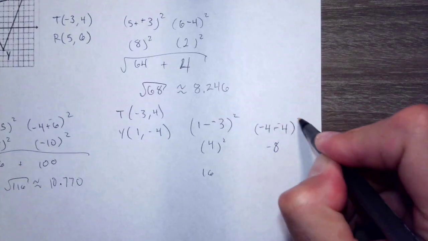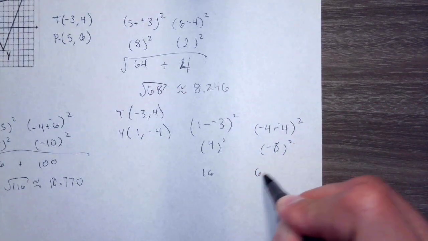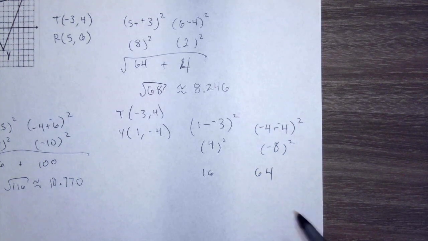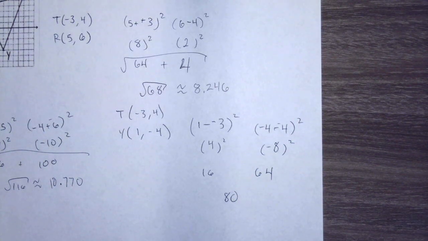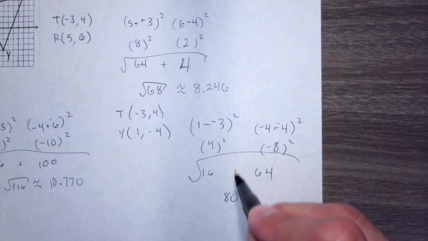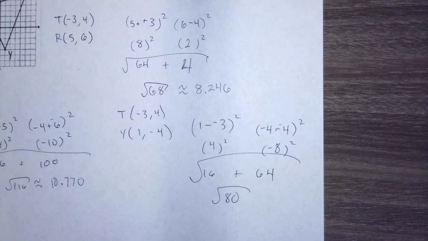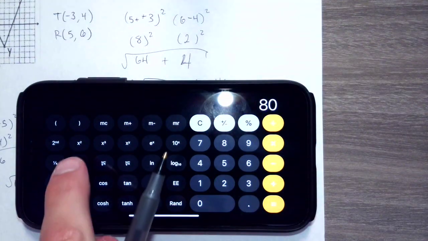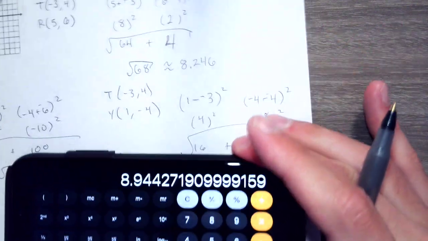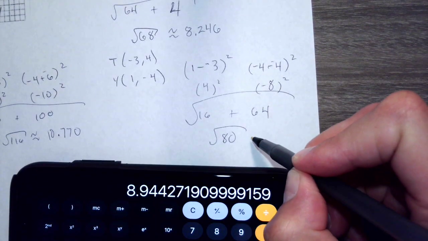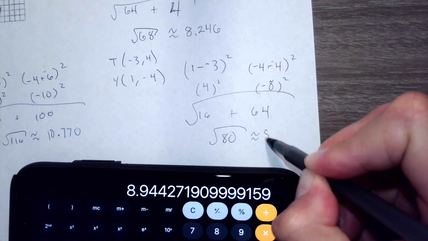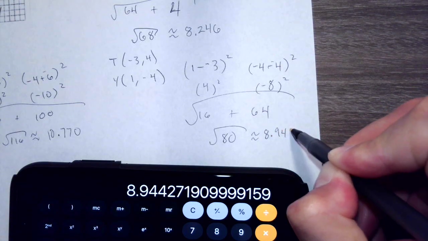Of course, we're squaring that. So 64, which added is 80, I believe. I'm just double checking, yep. And then I'm square rooting, so square root of 80 is 8.944.